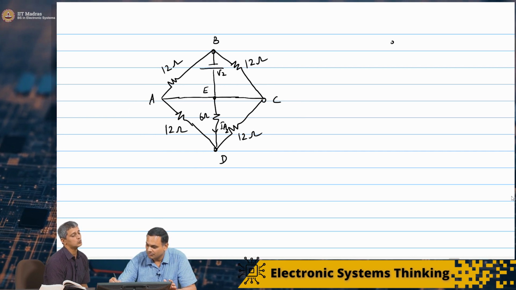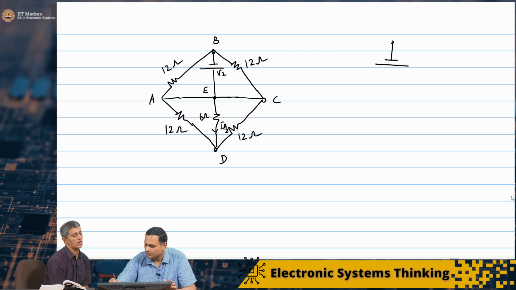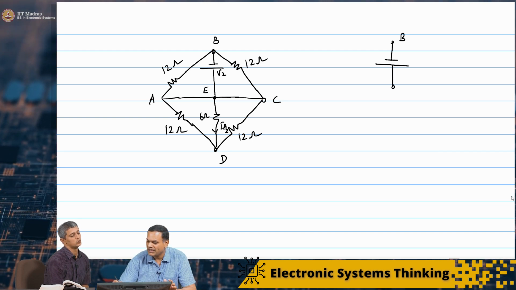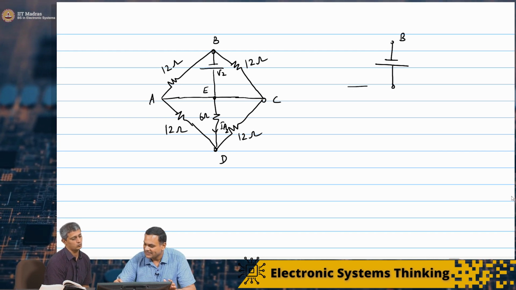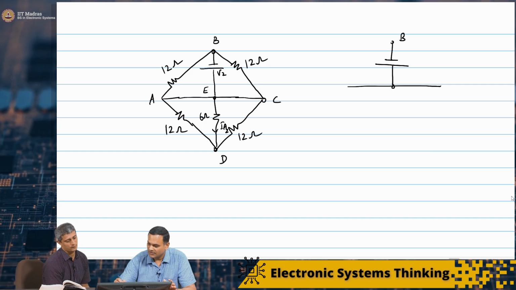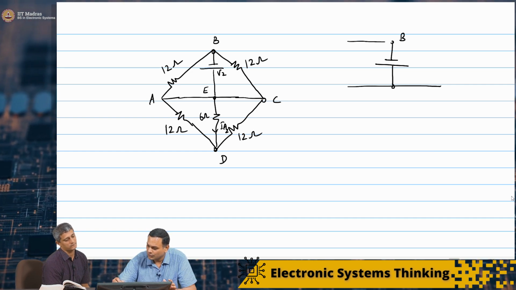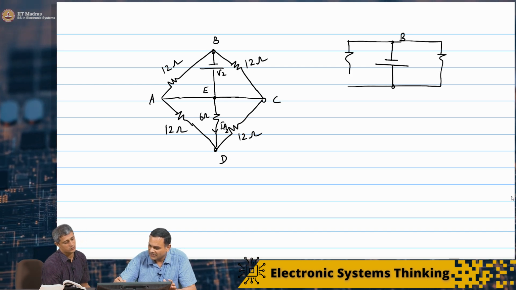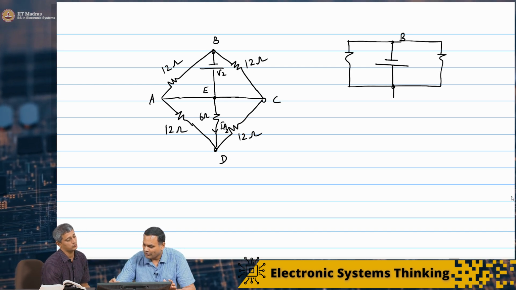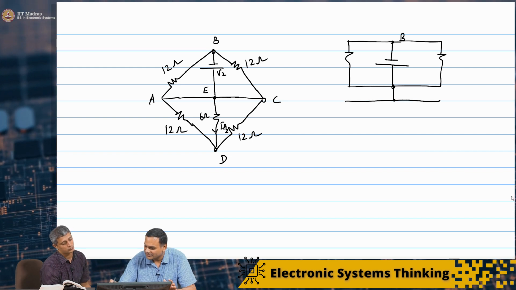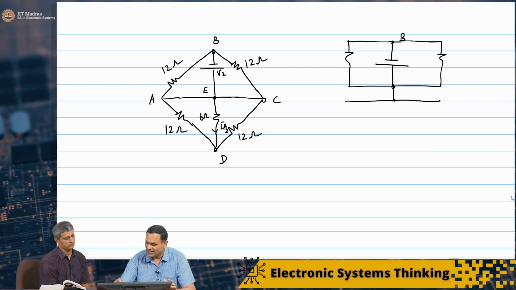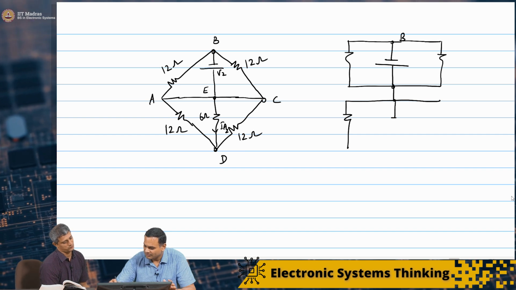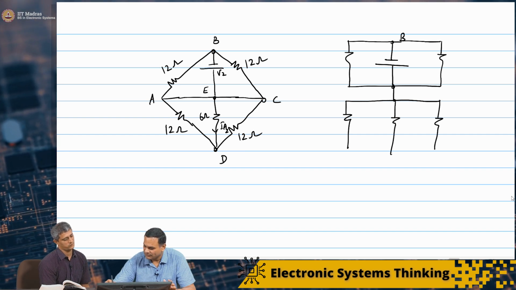So I have a voltage source between B and this AEC node, and I had this 12 ohms and this 12 ohms. I could have just redrawn it like this with 3 arms, 12, 6 and 12.